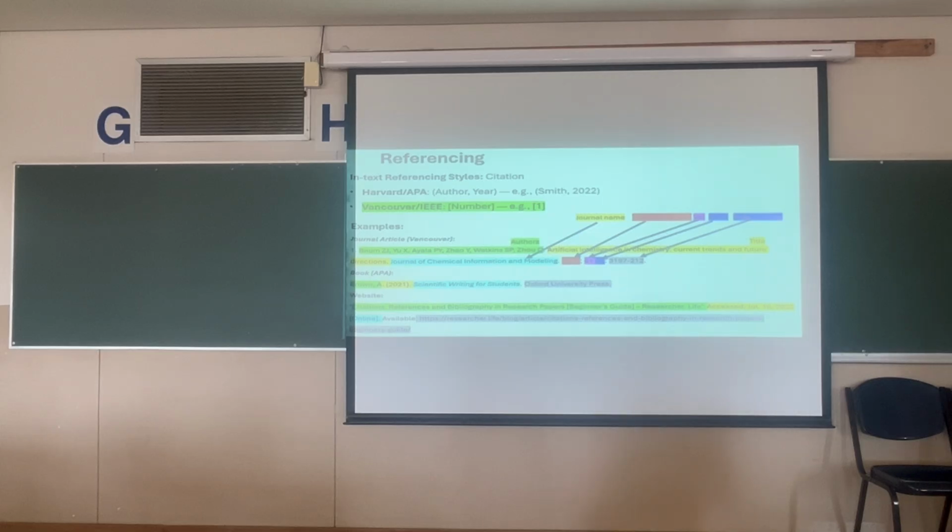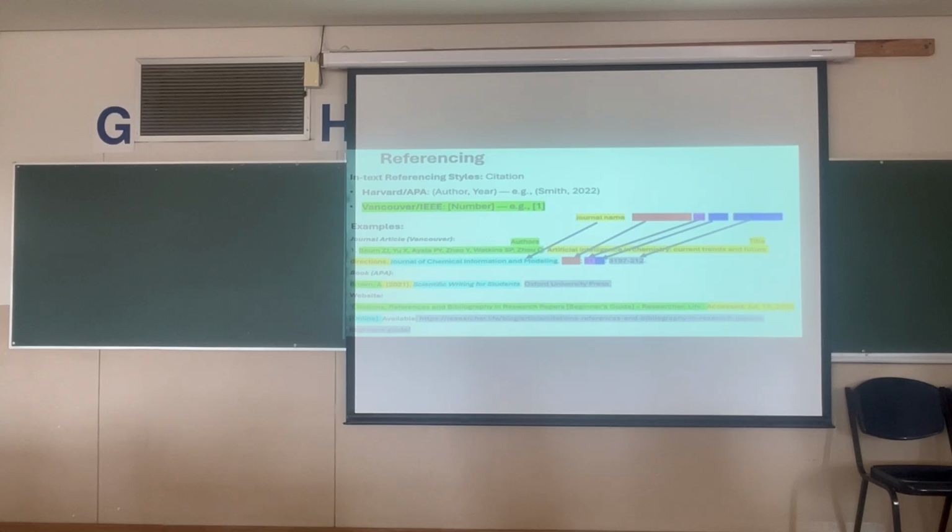Okay, so this is how references should look. In referencing, you have so many styles. You have Harvard, Vancouver, IEEE, and APA. Nowadays, most especially in our field, we don't really make a fuss about the style that you use, especially if you're writing your dissertation.